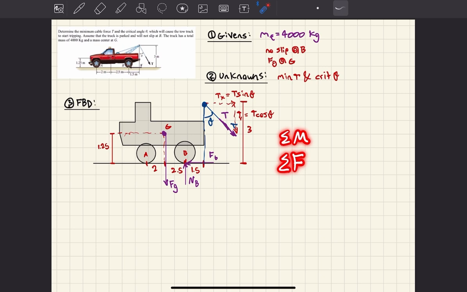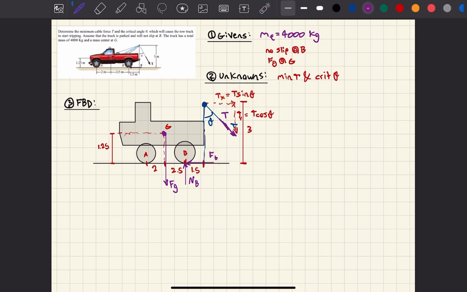In the y direction you have FG, NB, and TY. You don't know T, theta, or NB, you only know FG. So you have one known and 3 unknowns in one equation, and similarly in the x direction you have 3 unknowns in one equation. So that's not going to work.